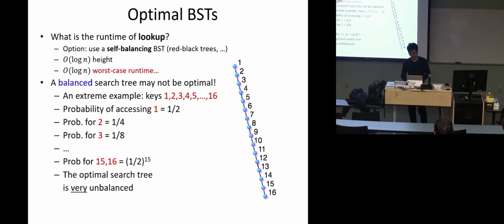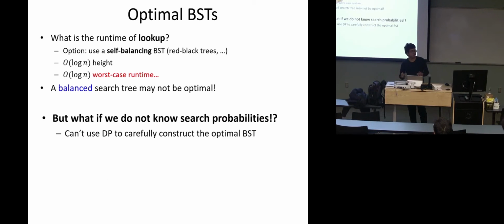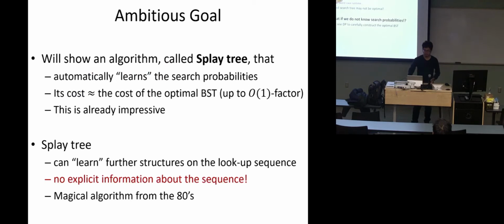But the question is, what if you don't even know the search distribution, the search probabilities? Then you cannot just use dynamic programming to carefully construct the optimal tree. So what do you do, right? This is the ambitious goal that we want to achieve.